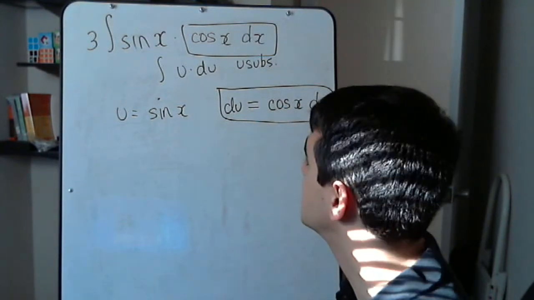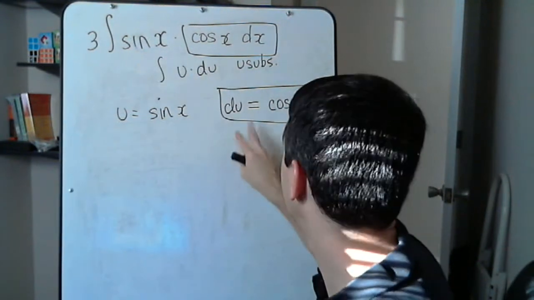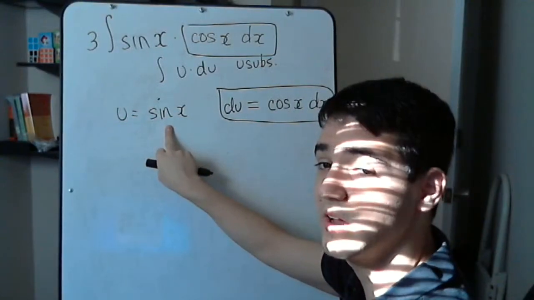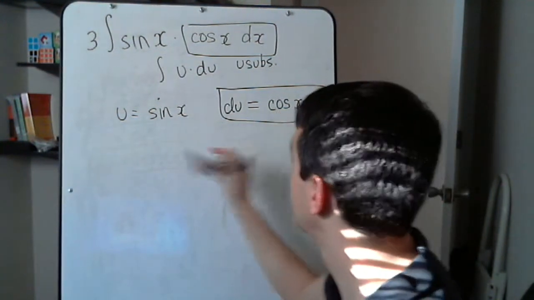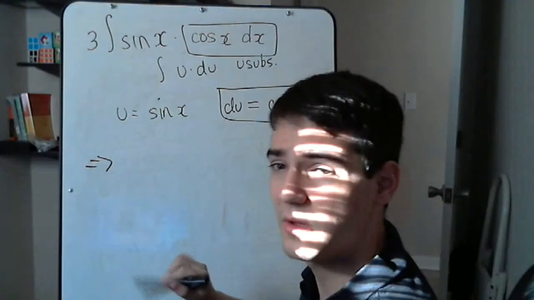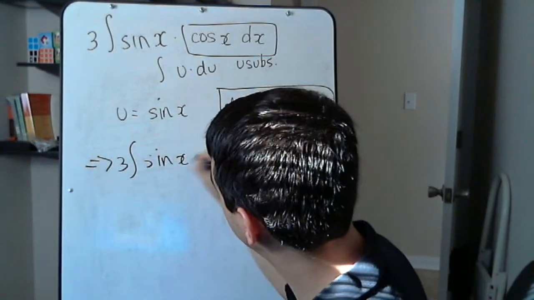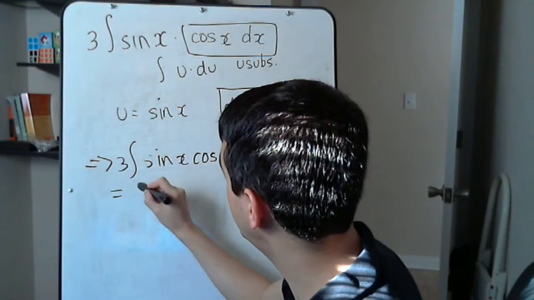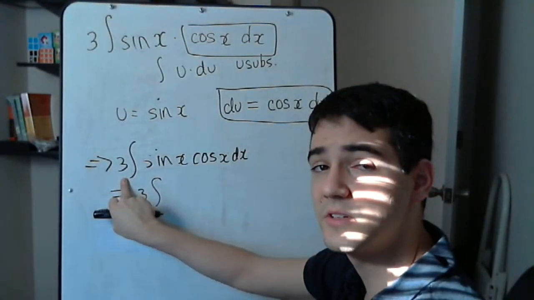So we just go ahead and substitute u for sine x and du for this expression here, because fortunately, when we took the derivative of our original u, we were able to get cosine x dx. So let's make the substitution. We were at 3 sine x cosine x. Remember that the 3 doesn't change. This is just a constant coefficient, so you can just leave it out there.